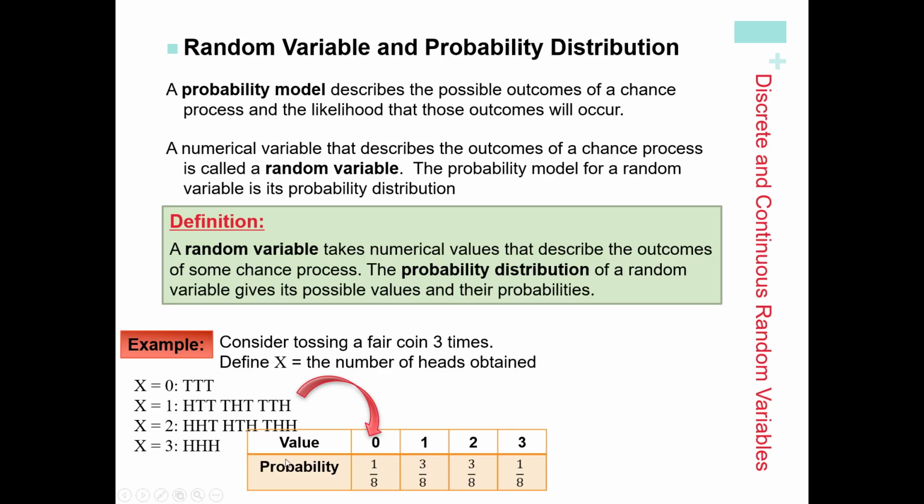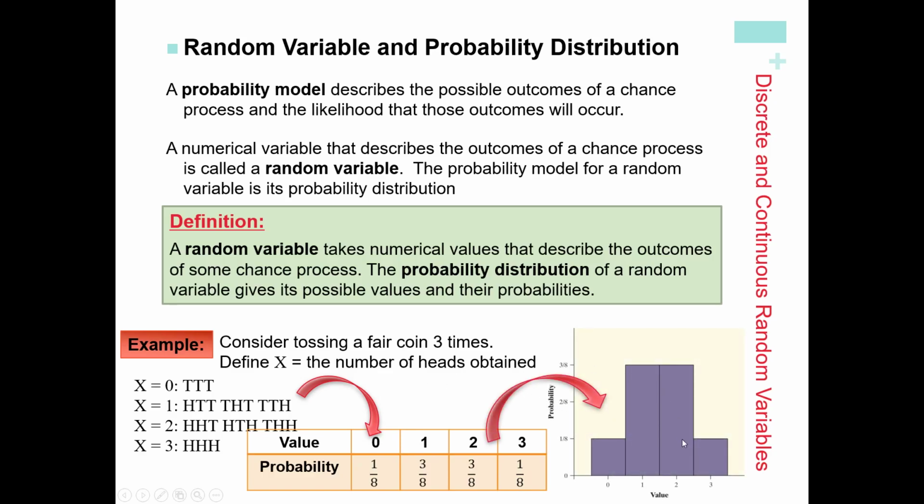So if we draw up this probability model, we're going to see that there are 4 possible values here. We have 0, 1, 2, and 3. Each of those has a different probability. There's 1 way out of 8 total to get 0 heads, 3 ways out of 8 total to get 1 head, 3 ways out of 8 total to get 2 heads, and 1 way out of 8 total to get 3 heads.